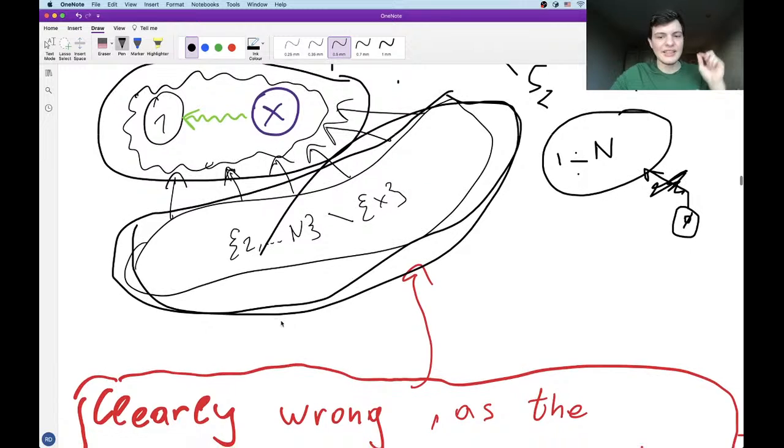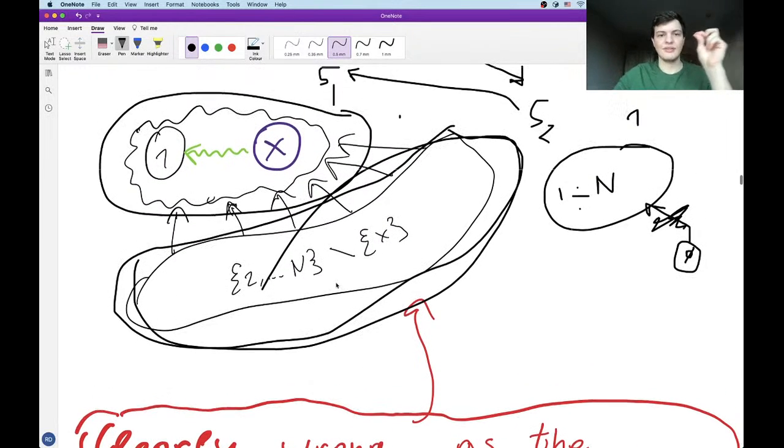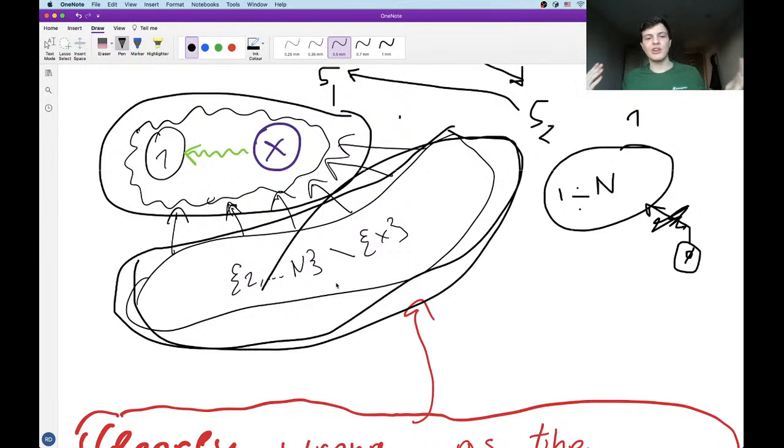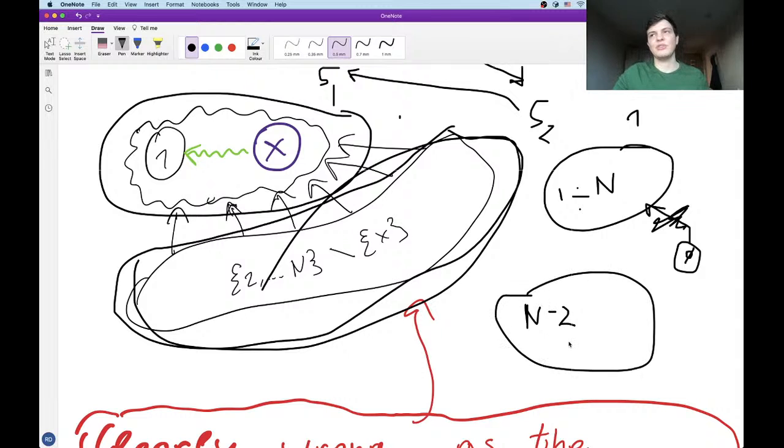Let's consider for at least how many turns we can run this algorithm. It's clearly n-2, because initially the second set has size n-2, and we can run it basically until we get an empty set. And this will happen in at least n-2 turns.